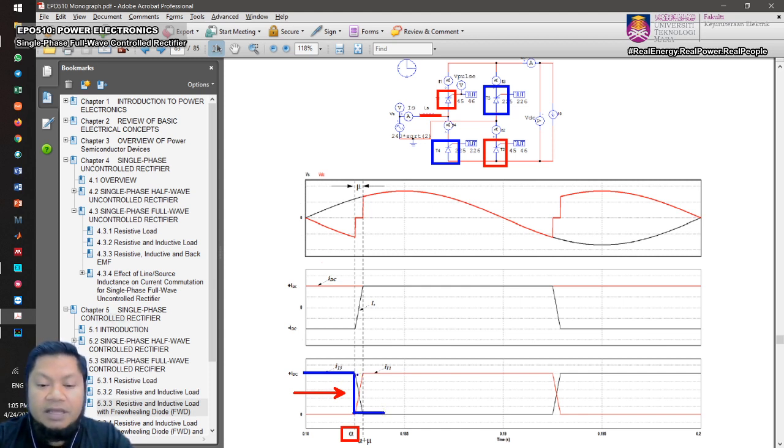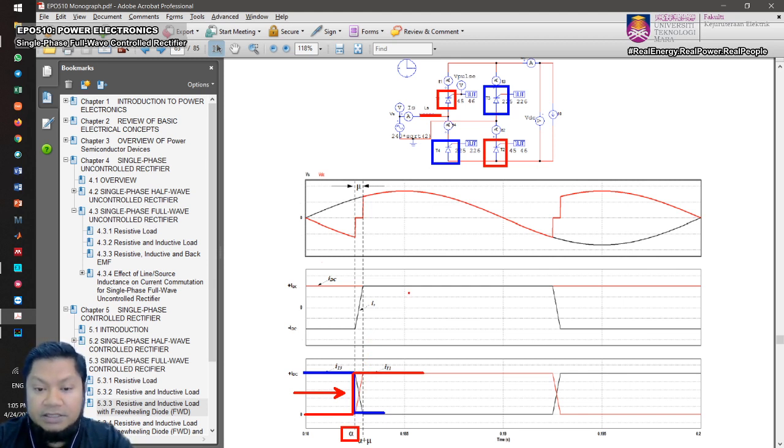It's a step change from IDC to 0. And that also happens in the current through thyristor 1. Thyristor 1, from the 0 state because it was turned off just now, will change to IDC instantaneously. So there is no current overlap.